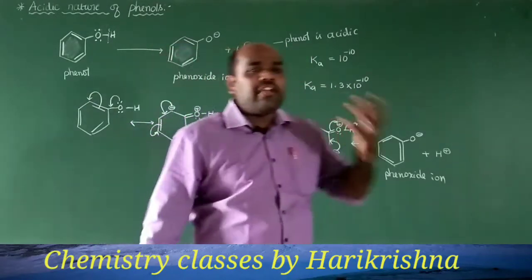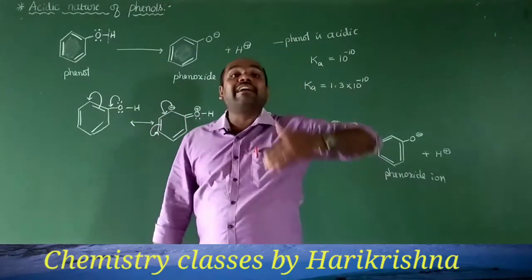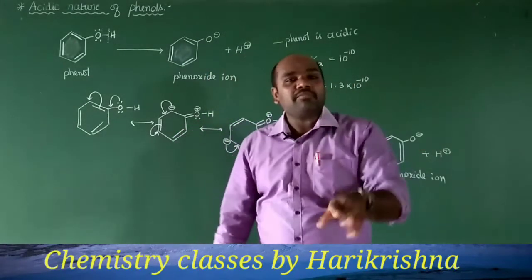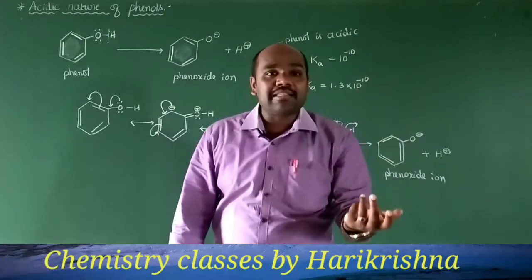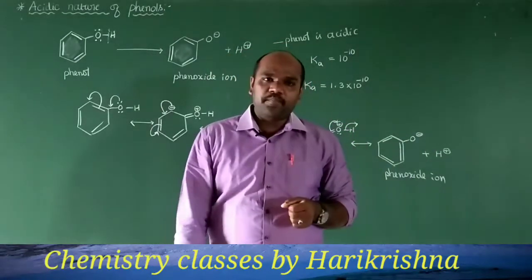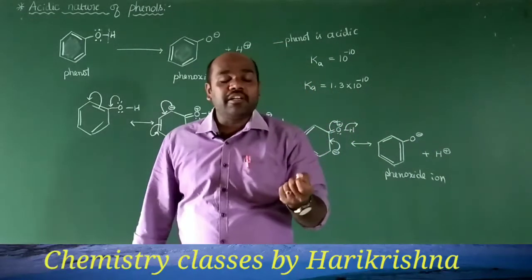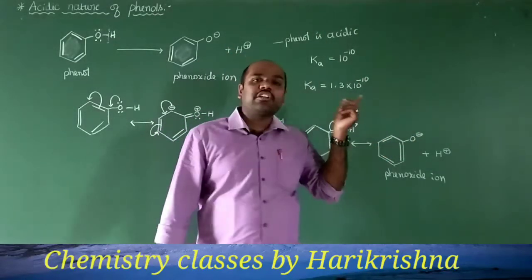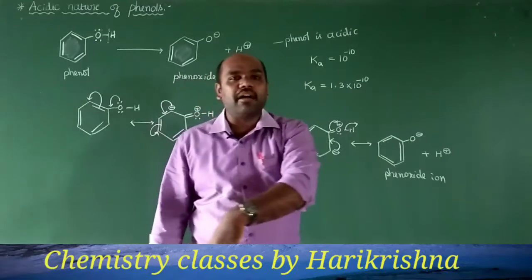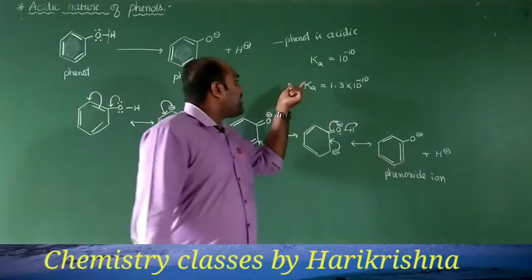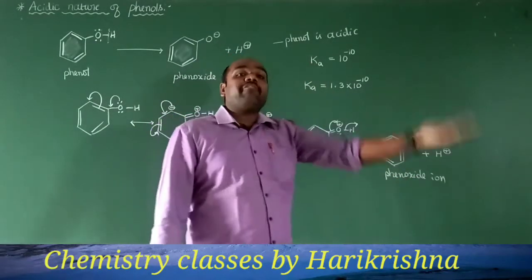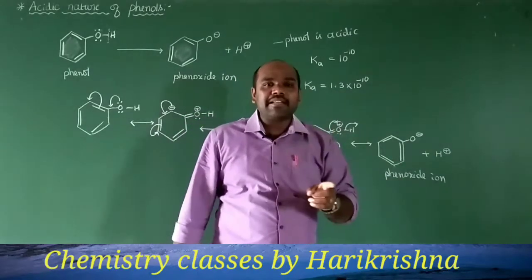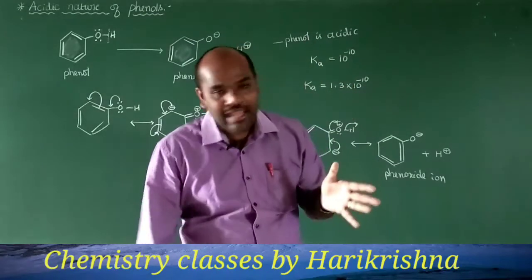We know that if a material has a greater value of Ka compared to others, then that material is more acidic compared to the other one. I repeat, the material with the greater value of dissociation constant will be considered the stronger acid.